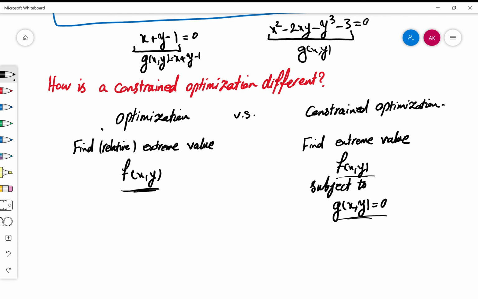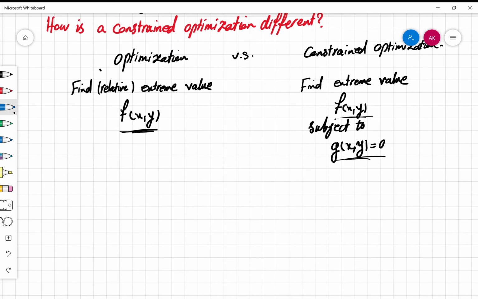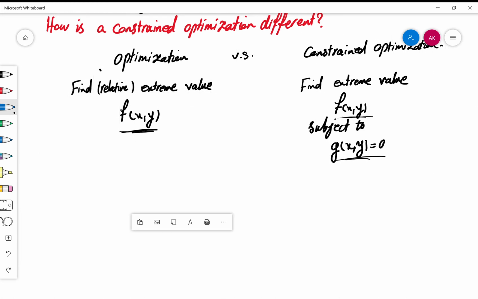Let us see this in an example. One can say, find the minimum value of a function, I'll do an example, f of x, y equals x squared plus y squared.